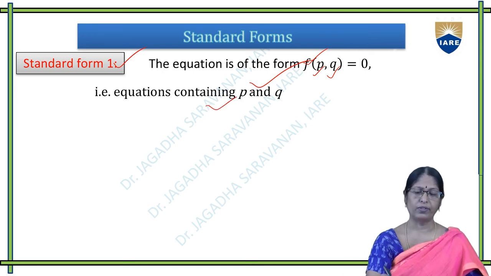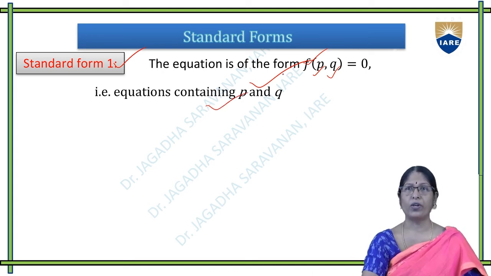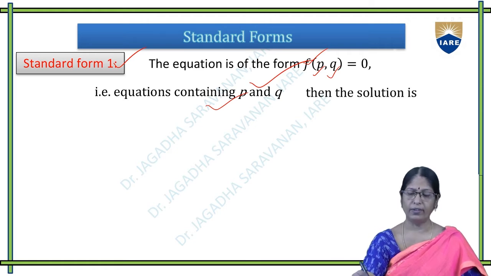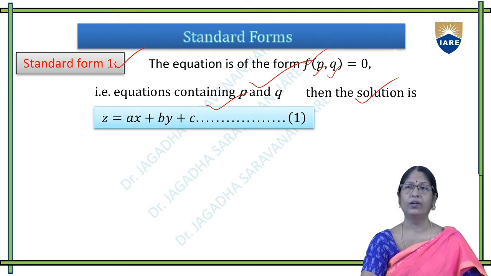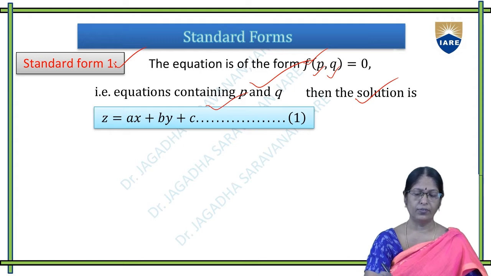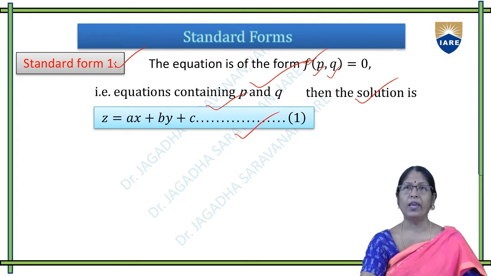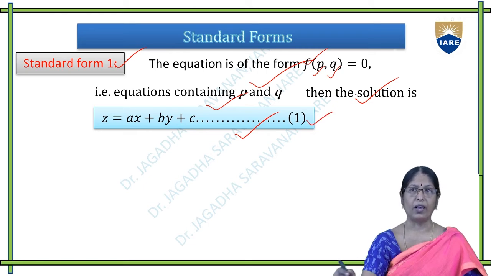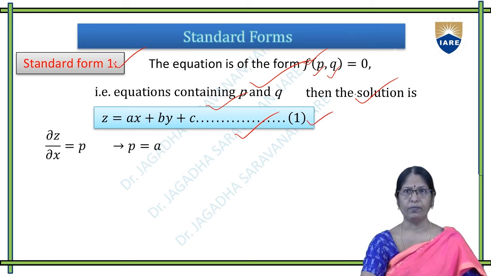That is, the equations containing p and q. Then the solution for the given equation is z equal to ax plus by plus c, which we name as equation 1.